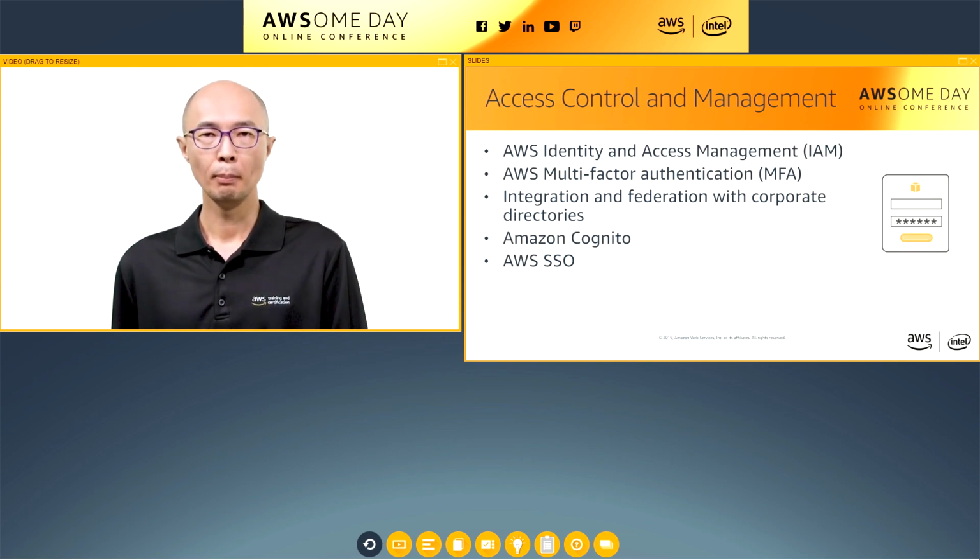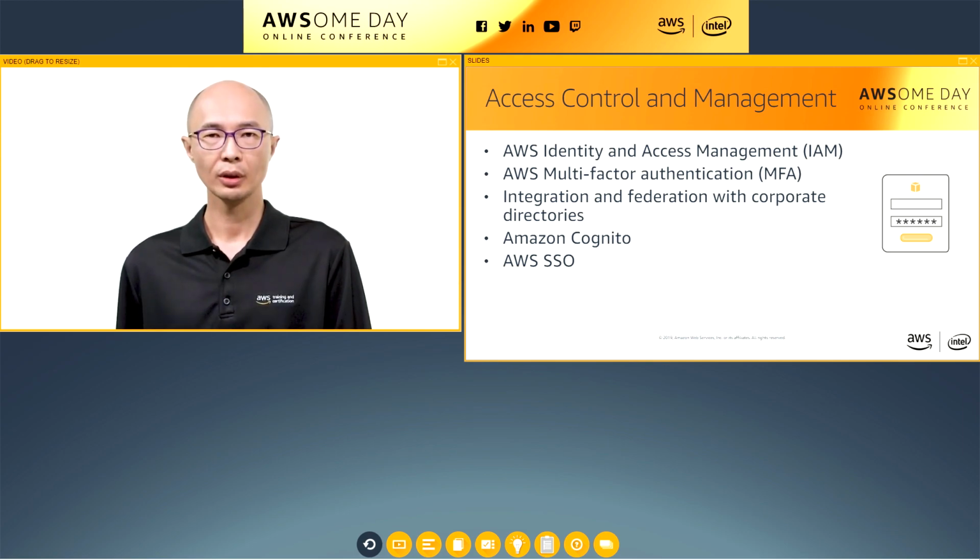AWS offers you the ability to add a layer of security to your data at rest in the cloud, providing scalable and efficient encryption features. AWS Identity and Access Management, IAM, is a role-based access control service that manages administrative access to the AWS services available in the AWS account.